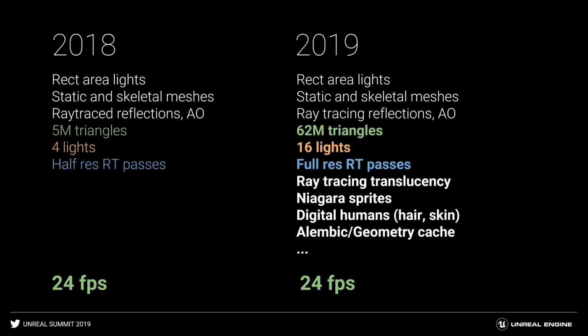But the render time is the same. Both current and previous demos were all running at 24 FPS, which means that complexity has grown a lot while maintaining the same rendering times, which means that performance has been massively improved. So the tech and the hardware is much, much faster this year than it was last year.